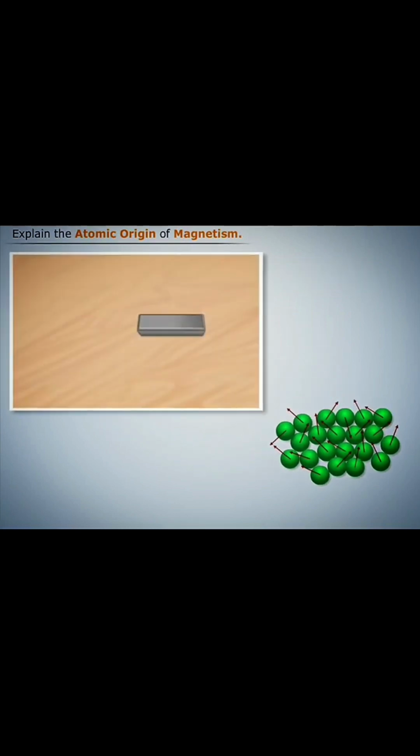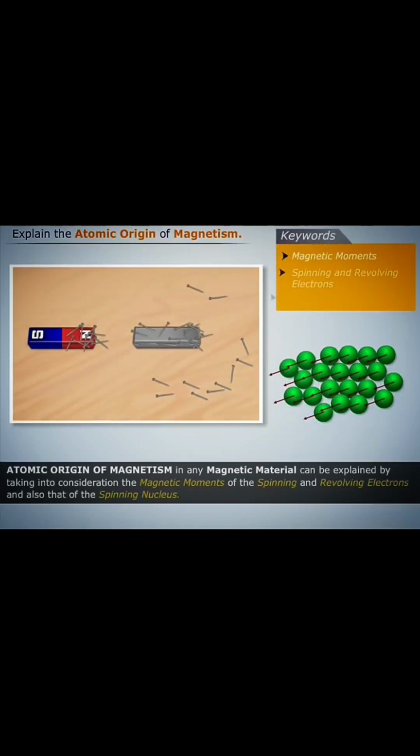In such cases, the material does not behave like a magnet. To make such materials behave like a magnet, we need to apply some external magnetic field on them. Thus, we can say that the atomic origin of magnetism in any magnetic material can be explained by taking into consideration the magnetic moments of the spinning and revolving electrons and also that of the spinning nucleus.